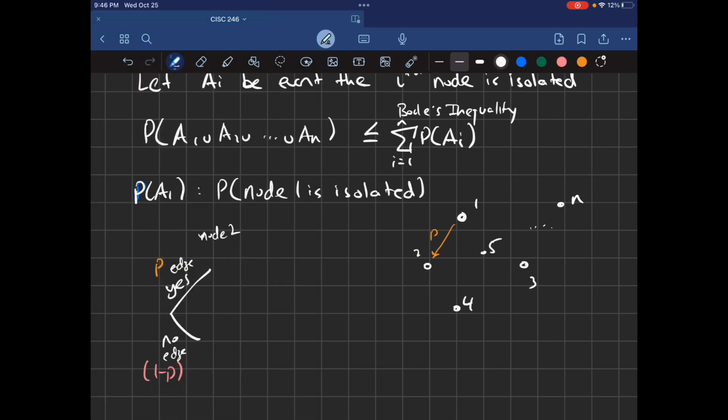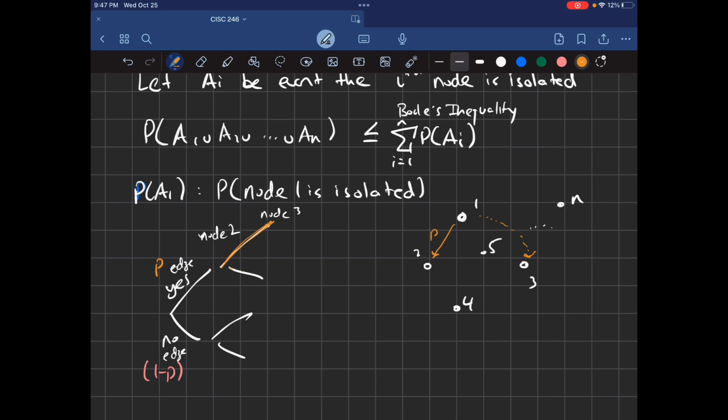And then once you're done with that, you're going to look at, let's say, node 1 with node 3 now, and you're going to do the same, and they're independent of each other. So now we go again. Node 3, and again you say yes, an edge with node 3, or not with 3, and so forth.